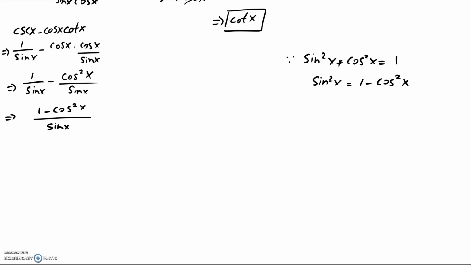Okay, I will use this identity in numerator, and it's going to be sin squared x over sin x. Now in numerator you have sin squared x, in denominator we have sin x. They will cancel out each other, and you will be left with sin x. Okay, and this is the simplified form of the given expression.